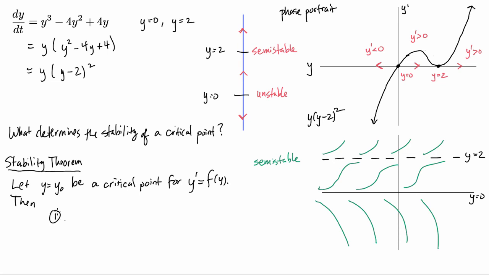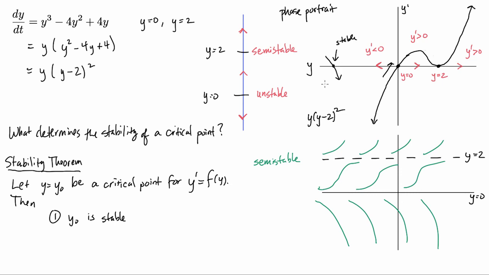The first possibility is y naught is stable. And when does that happen? Well, I didn't have an example of stable in here, but if you go back up to the phase portrait, notice that this unstable point was because we were increasing going through the critical point. If you go back to the previous video, we had a critical point where we were decreasing through it, and that meant that this was a stable critical point.